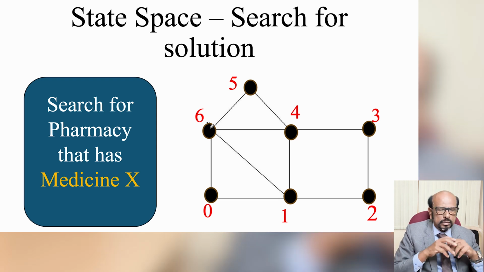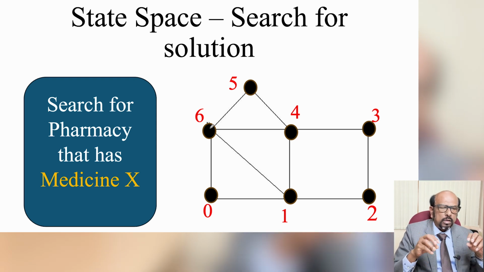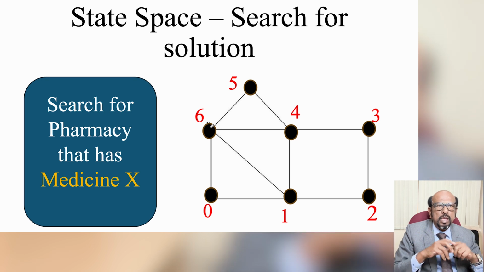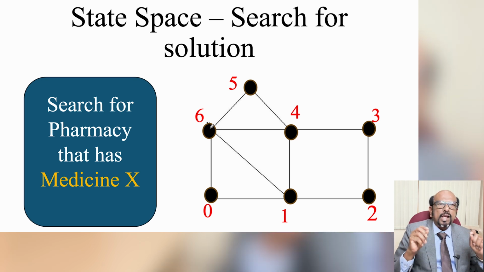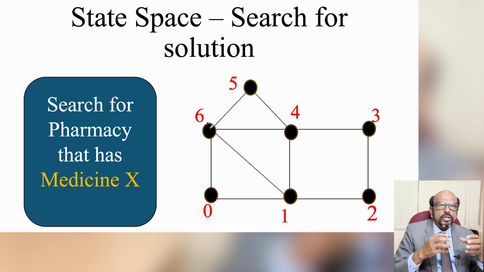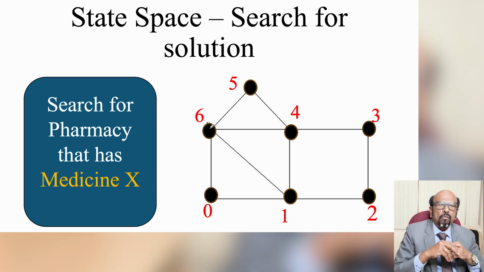Assume that 0, 1, 2, 3, 4, they are all pharmacies, medical shops. Each one represents a state. Each one is a medical shop. I am initially at 0. What is the problem?